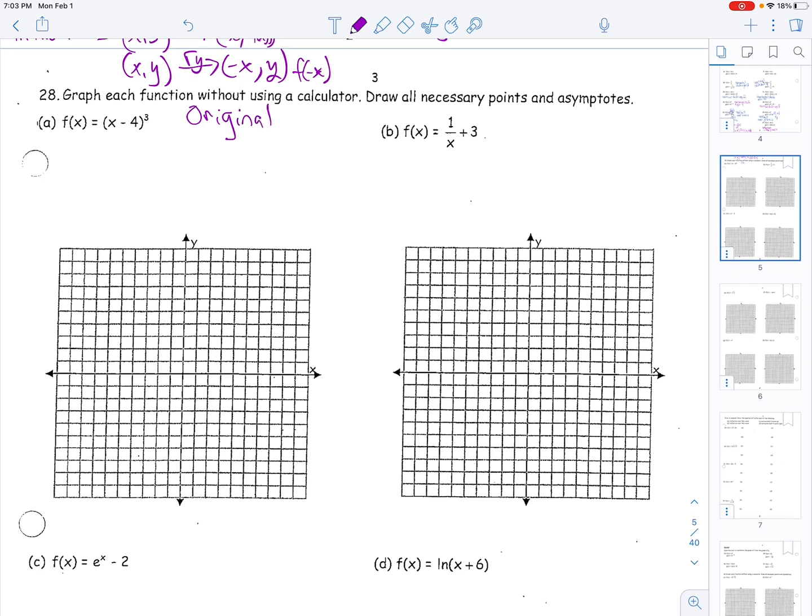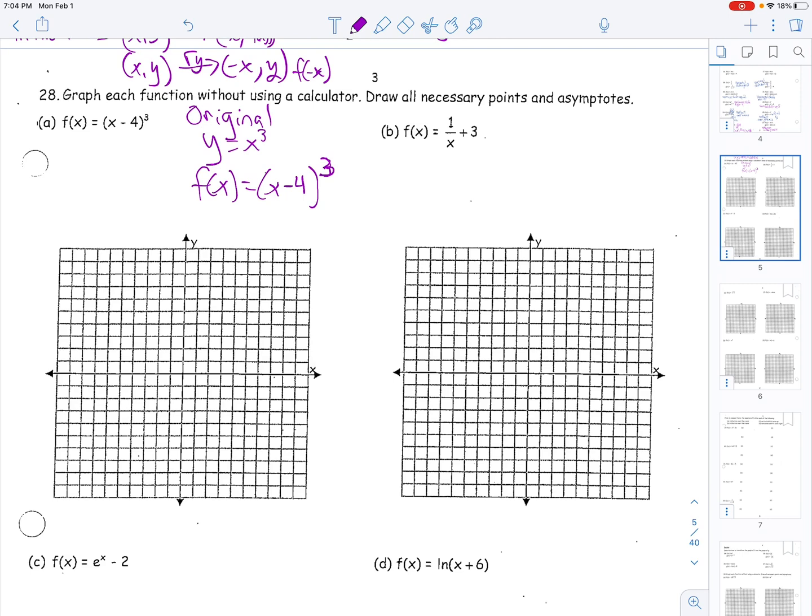Well, this is a transformation of the original function here, that's y equals x cubed. If you have y equals x cubed, and then y or f of x equals x minus 4 cubed, what's going on here?